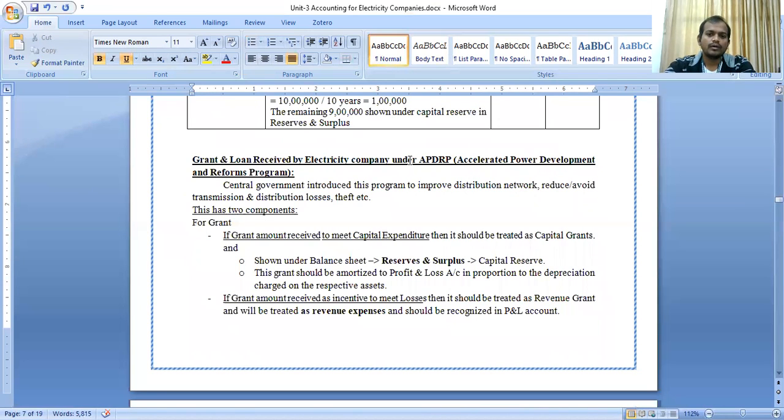Under this program, the government provides some amount as a grant, and they also provide loans. So how to deal with this grant and the loan? They provide grants in two kinds of situations, in the sense of the nature, for what purpose they provide that grant.